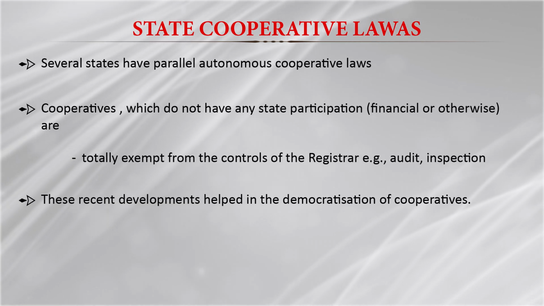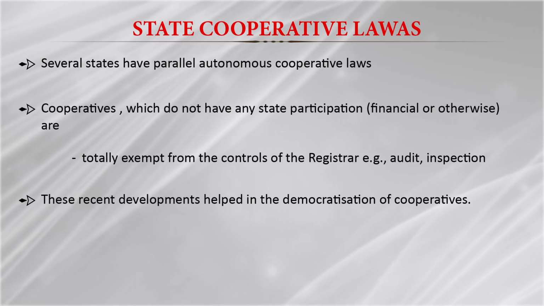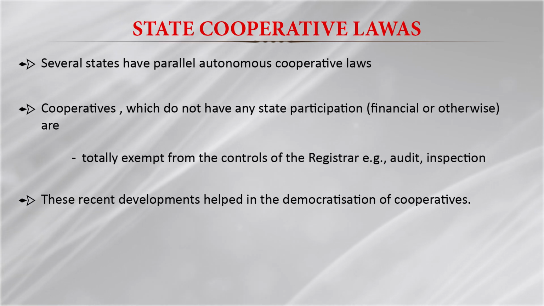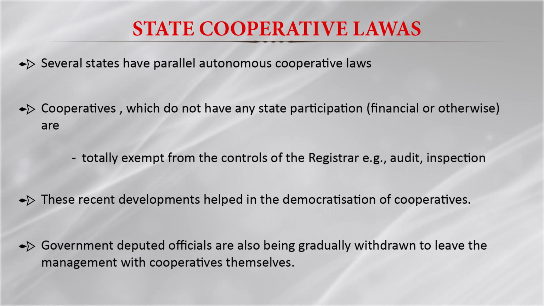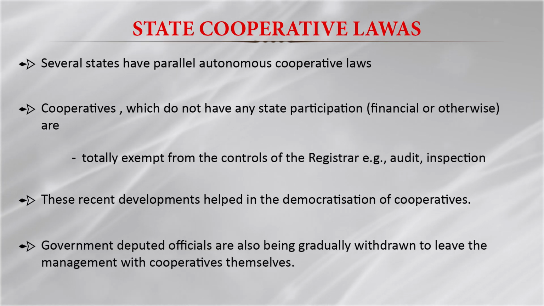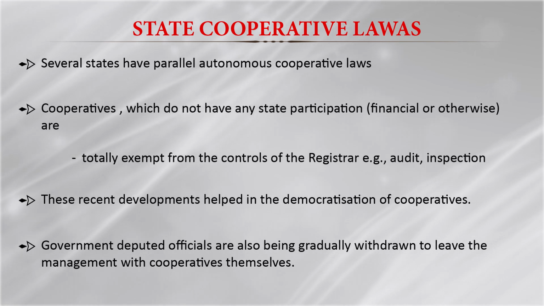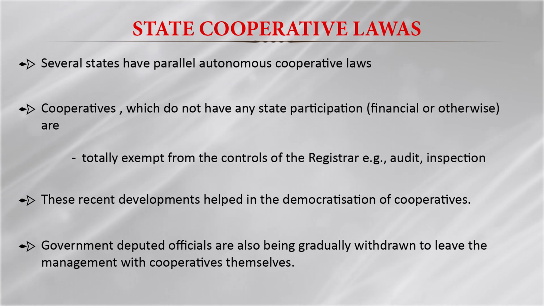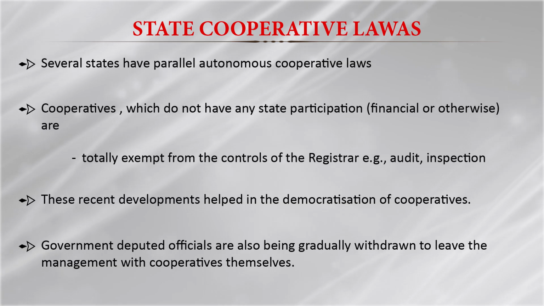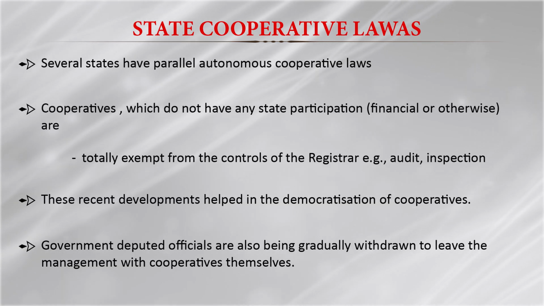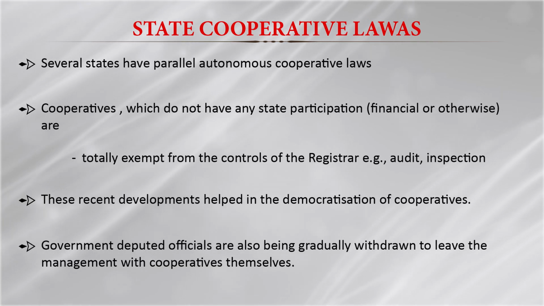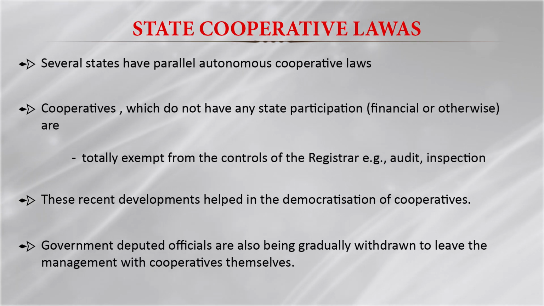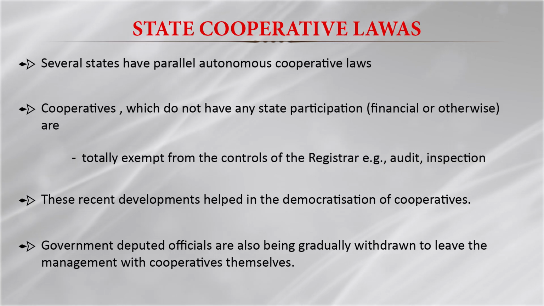So the cooperatives are free to take their own decisions in a democratic way. And the government-deputed officials are also being gradually withdrawn to leave the management with the cooperatives themselves. So earlier there were some government representatives on the board of management of the cooperative. They are being withdrawn to give full freedom to the cooperative societies.